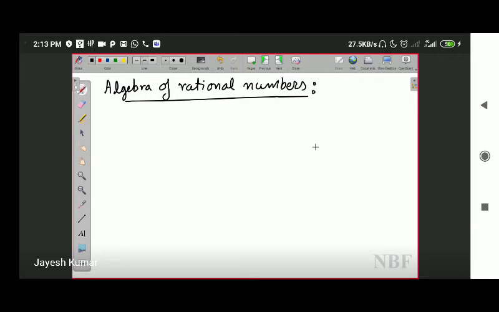Okay. So in algebra of rational numbers, our first topic is going to be addition of rational numbers.